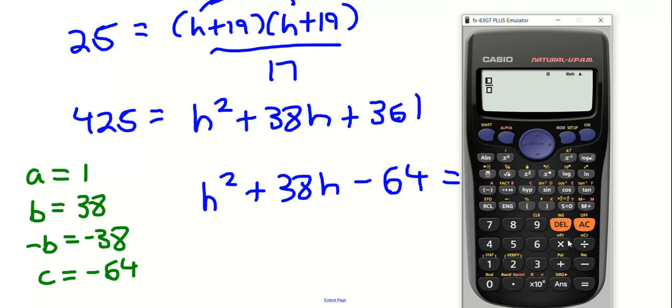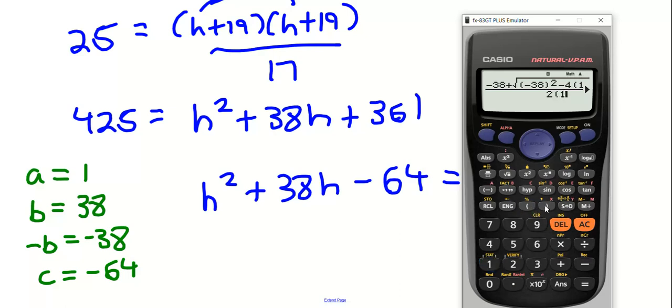Okay, minus 38 plus square root of minus 38 squared, minus 4ac, all over 2 times 1.